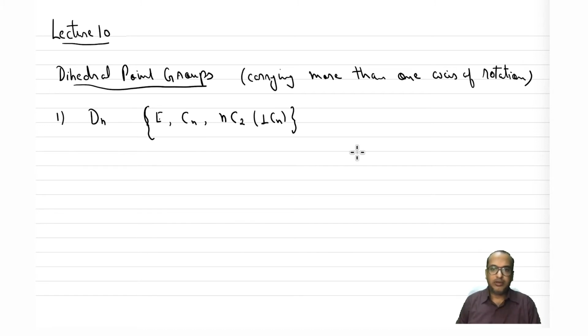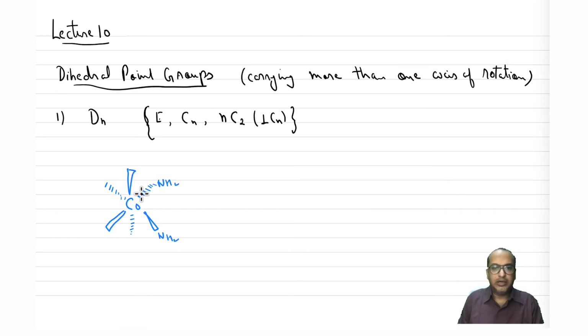So the example is, let me show you. This is cobalt, which is the central atom here, and then we have triethylene diamine, which are arranged something like this. So let me see, NH2, NH2.